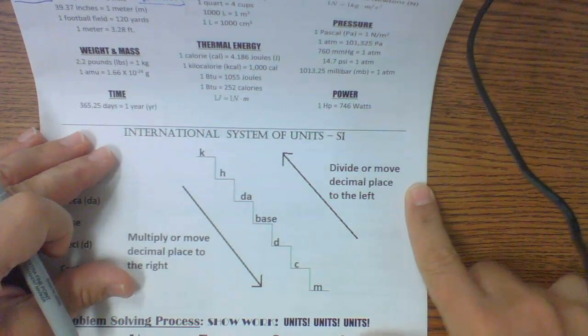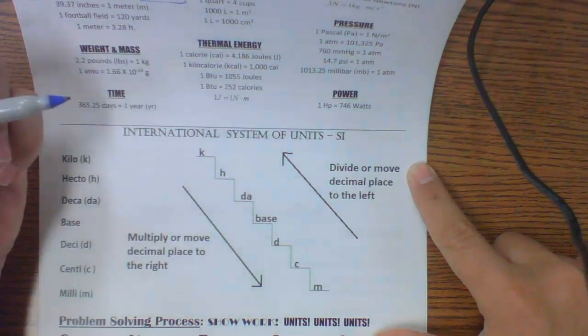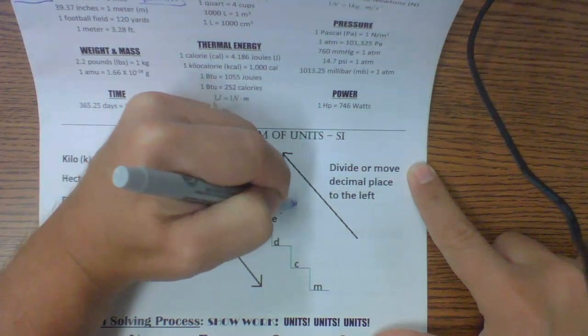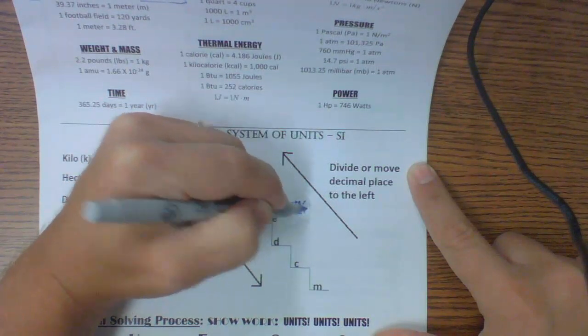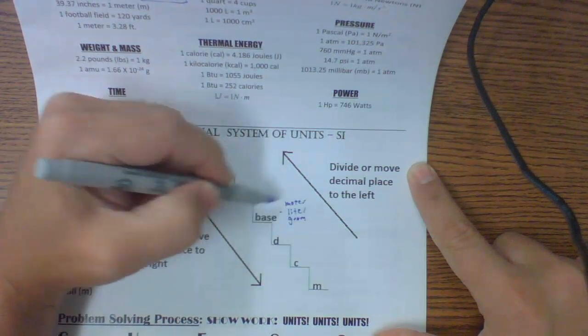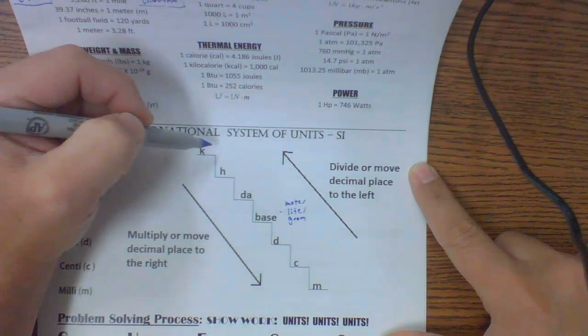Now the metric ones down here, this is your metric section. We like to talk about this because this is really our base unit. The base can be something like the meter, a liter, or a gram. It's any type of unit or quantity that we want to deal with. And then we just add prefixes to it.